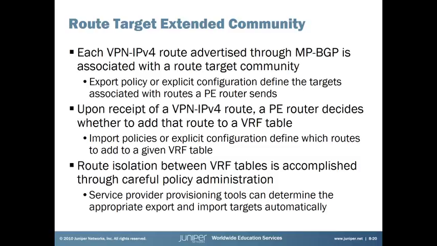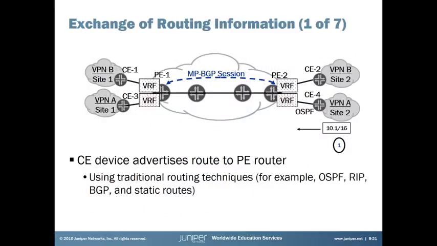So, there are some tools available that service providers can use to structure this policy administration, so they make sure that we don't mix up the targets, and that we've got the targets applied to the right VRFs. Okay. So, let's take a look at how this works.